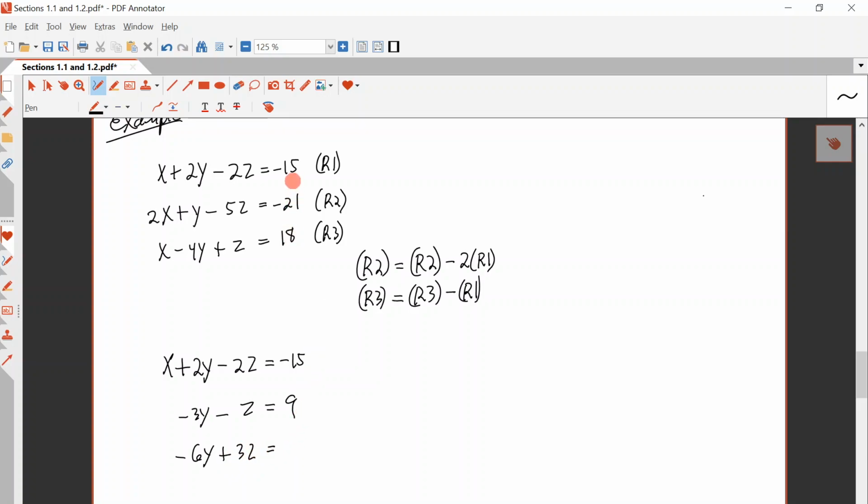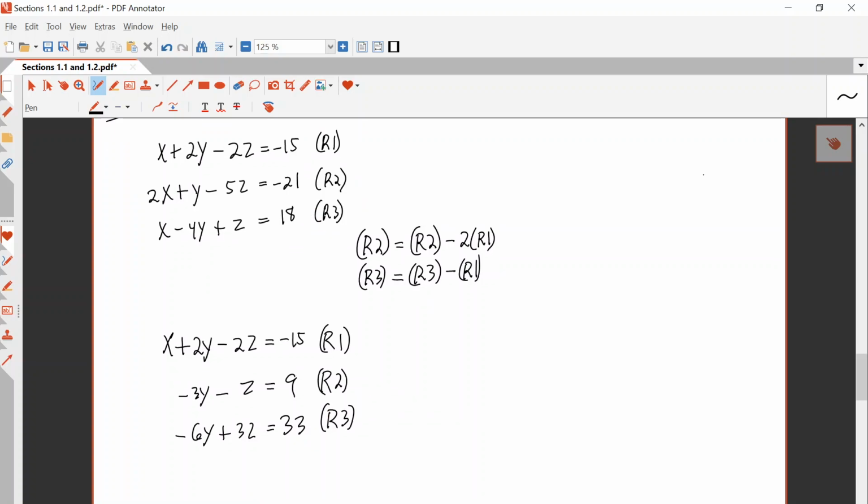And then 18 plus 15 is going to be equal to, what is that, 33? So now I've got a new system of equations that is row equivalent to the first. So the solutions to this system of equations is the same as the solutions to that system of equations.